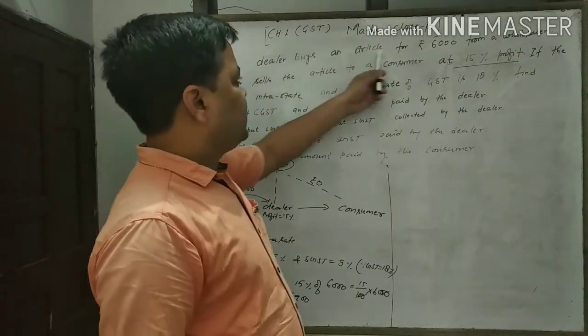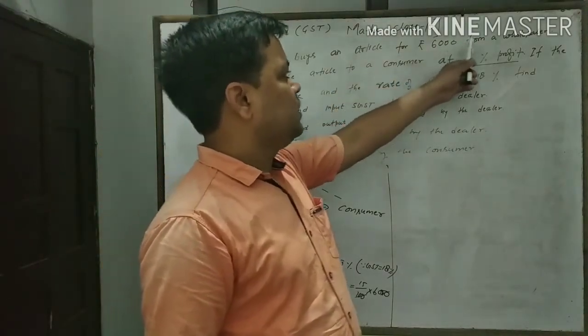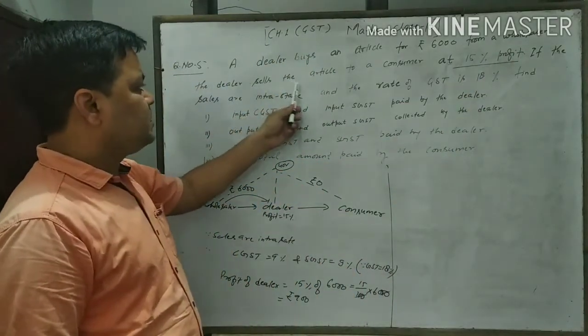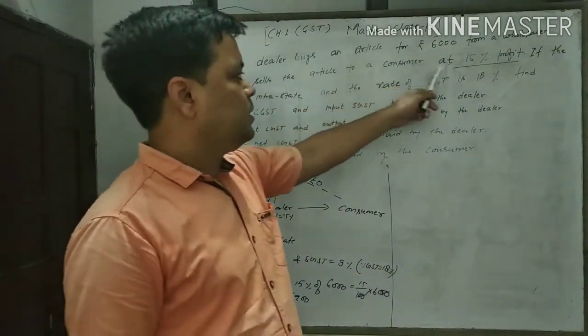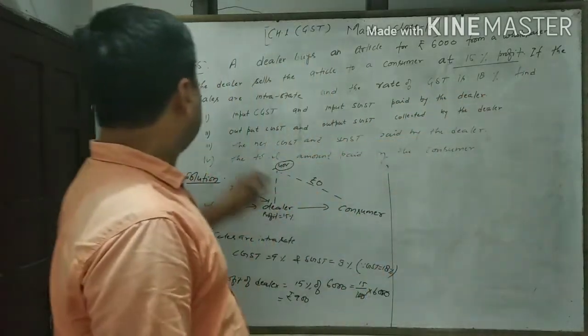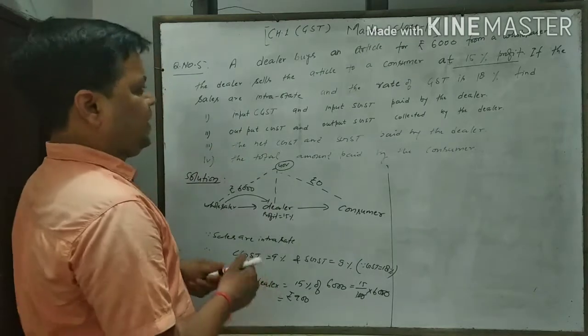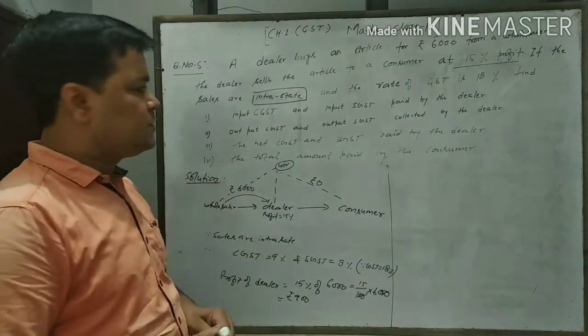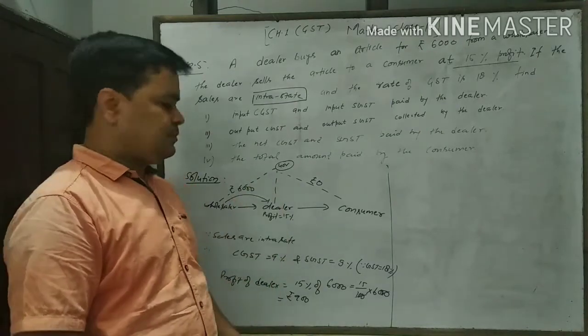A dealer buys an article for rupees 6,000 from a wholesaler. The dealer sells the article to a consumer at 15% profit. If the sales are intra-state, concentrate here, intra-state means in the same state.